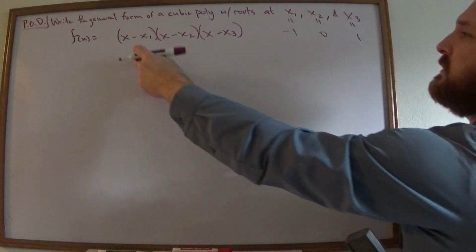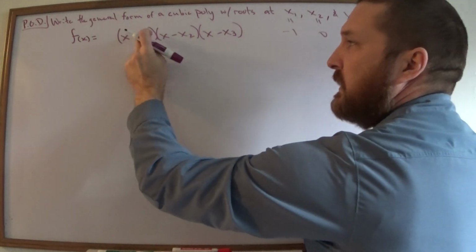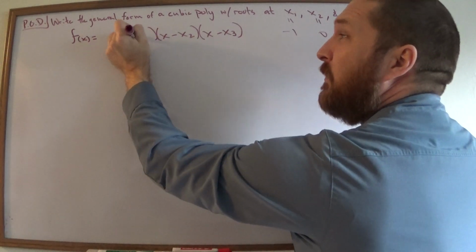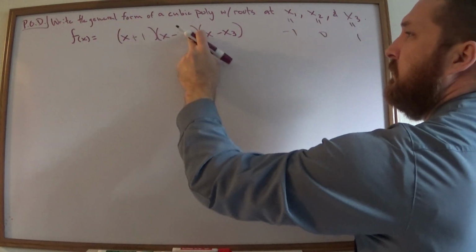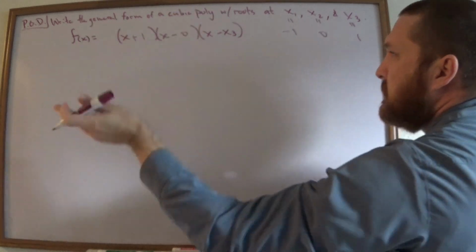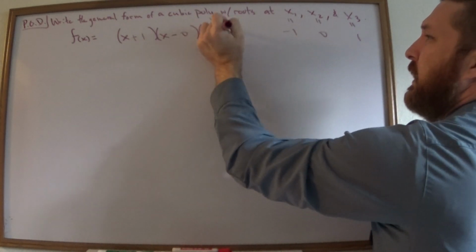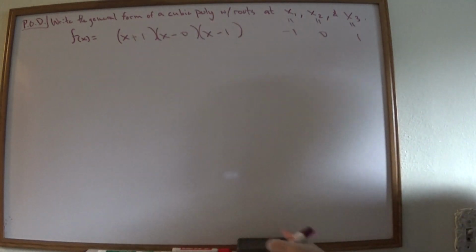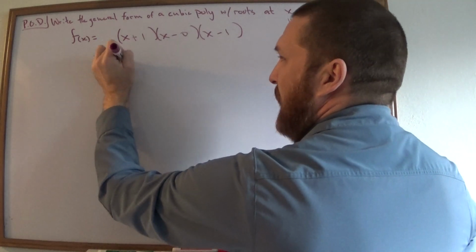And so x minus -1, I could rewrite that as x plus 1, right? Now x minus 0 is just x. x minus 1 is just x minus 1. Now in this case, multiplying it out is not hard because you're given actual numbers.